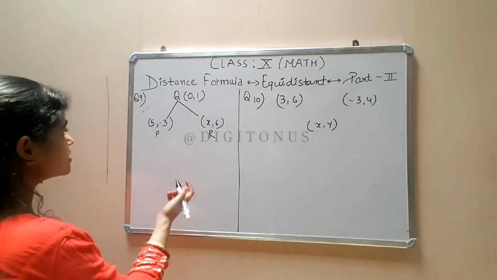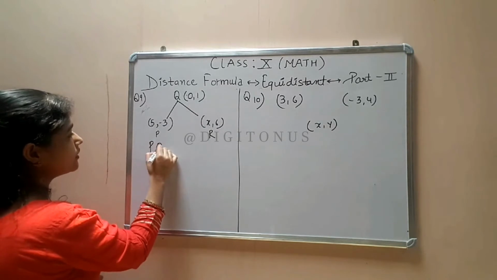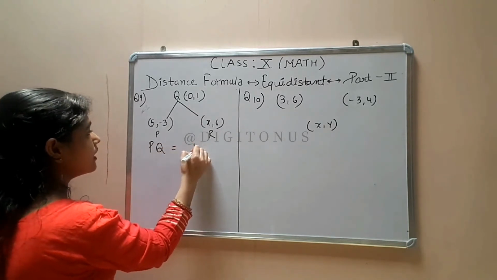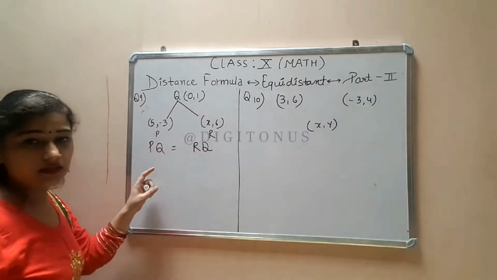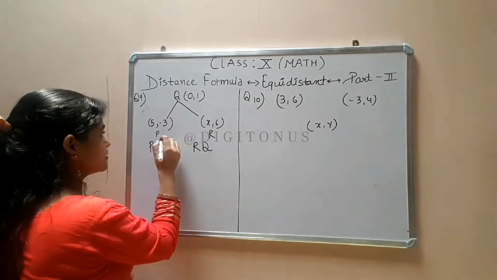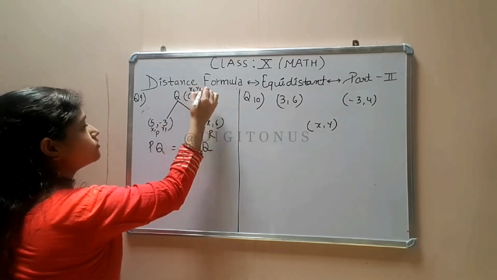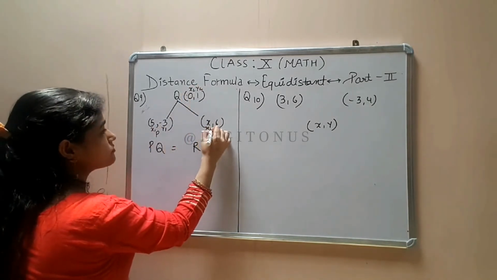You just apply the distance formula, that PQ is equal to RQ. Yes or no? Because both are at equal distance. So x1 y1 and x2 y2, and this also will be x1 y1.